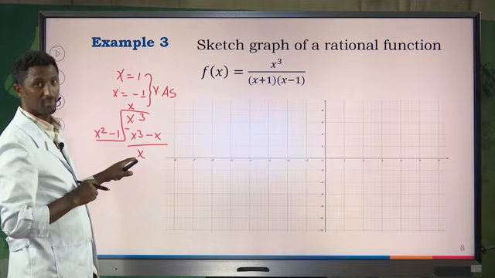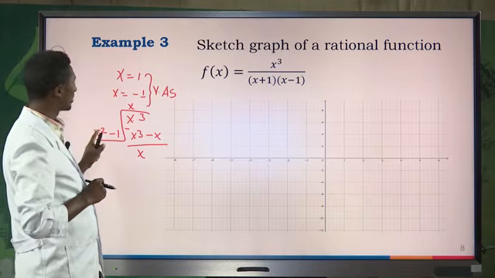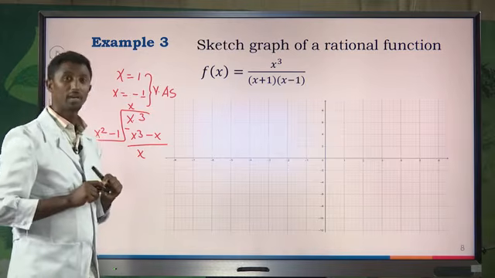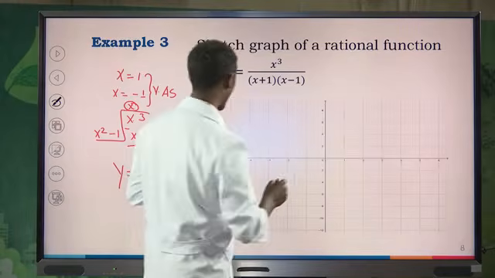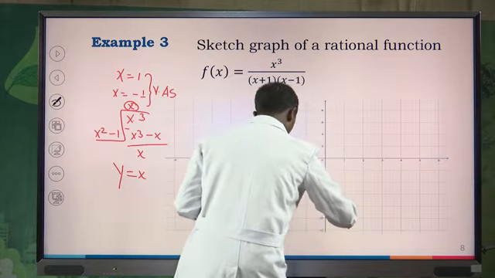Now this is the remainder, because its degree is 1, which is less than the degree of the divisor. Therefore, the oblique asymptote is the equation y equals x. This is the equation. Now let's draw this. y equals x is a straight line that passes through the origin.